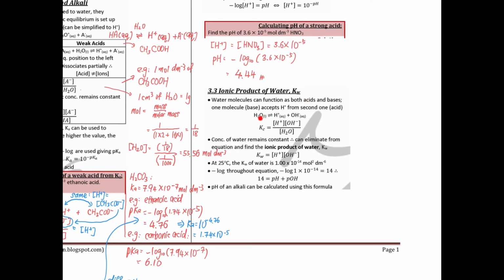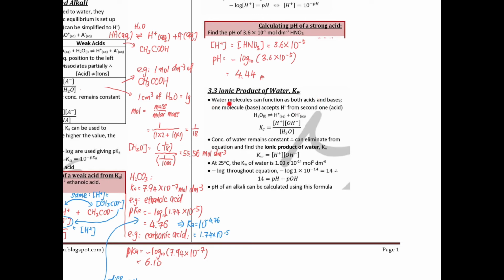If water can form OH minus, it fulfills the condition to become a base. That's why it can act as both acid and base, because it donates H plus, which is like an acid, and it donates OH minus, which is like a base.